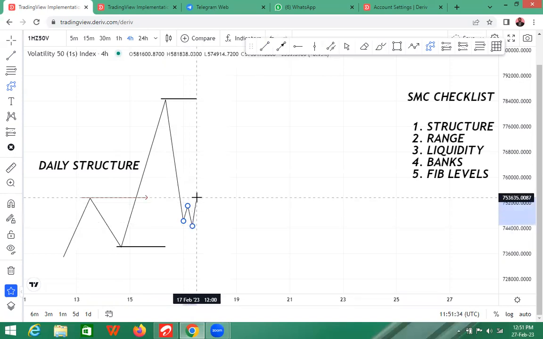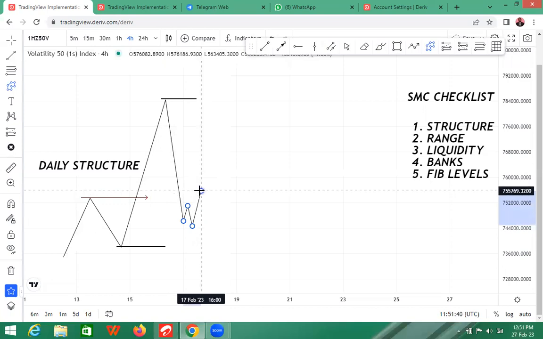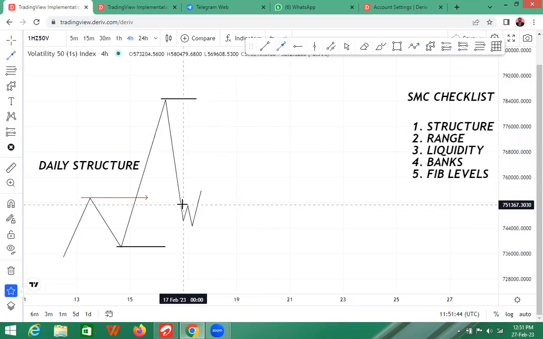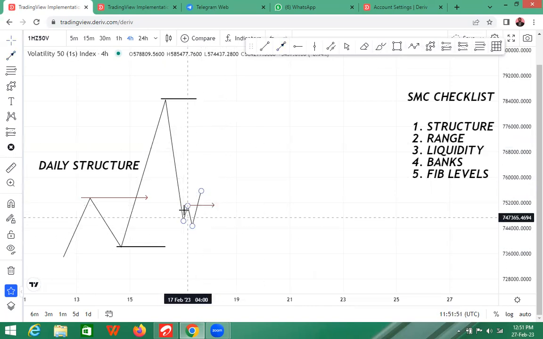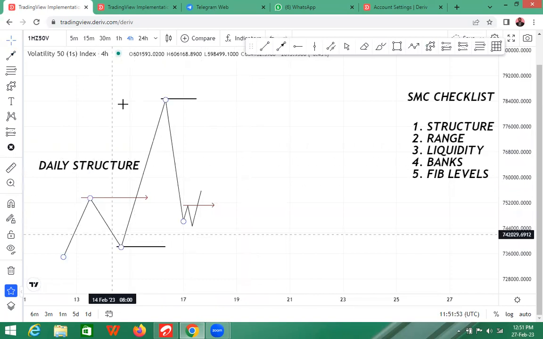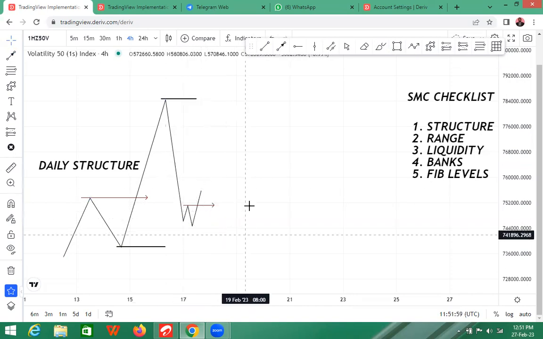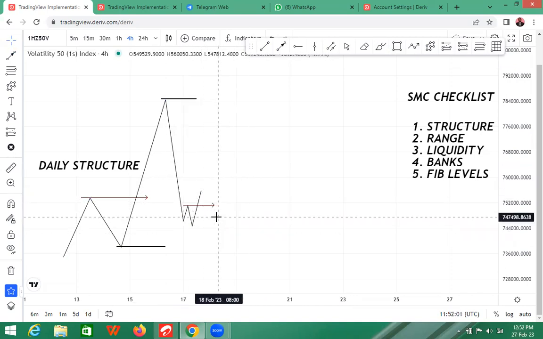Once you get a 1 hour break of structure, the next thing you should be looking at is your entry. This is your H1 break of structure on a daily structure, the reversal, the pullback.